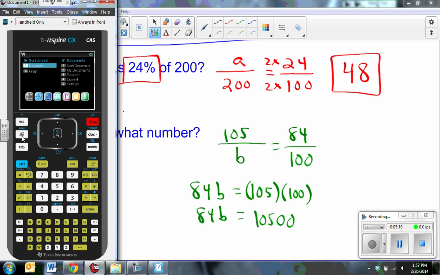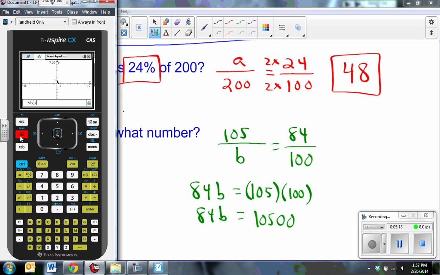Okay, so here we go. Working now? One more time. Okay, so 10500 divided by 84. Oops, get a division symbol. There we go. Okay, it is 125. Goes in nice and evenly. So we know B is 125. So our answer is 125.